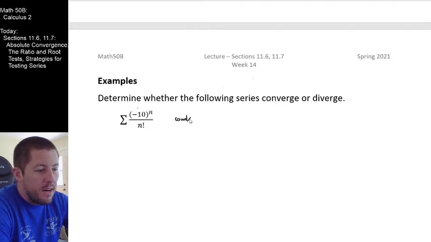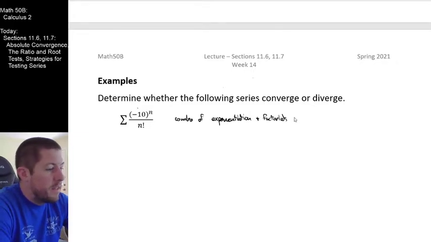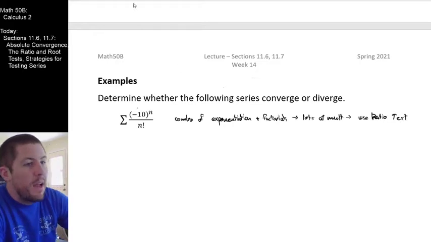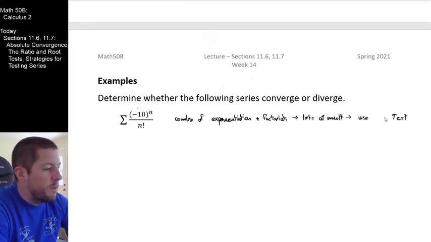So the combo of exponentiation and factorials says to me that's lots of multiplication going on. And lots of multiplication says to me we should use the ratio test, because that's going to cause lots of things hopefully to cancel so I can evaluate that limit.